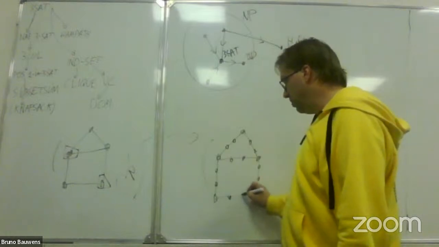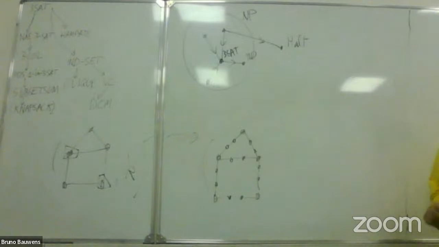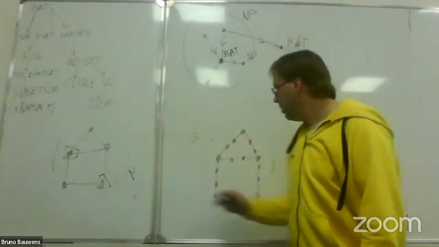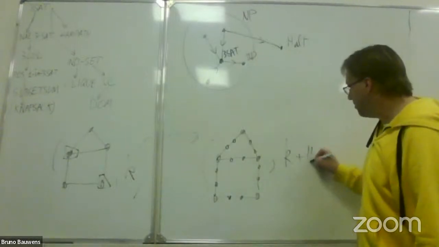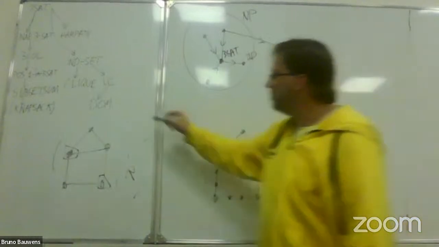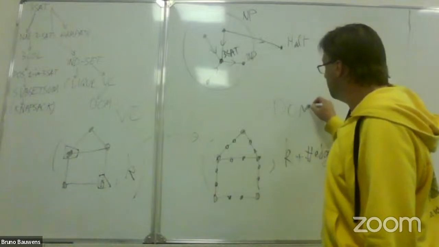Nobody spoke about it, so you need to pay more attention, but it was the very end of the lecture. The number here was k plus the number of edges. So this was the reduction from vertex cover to the dominating set problem.